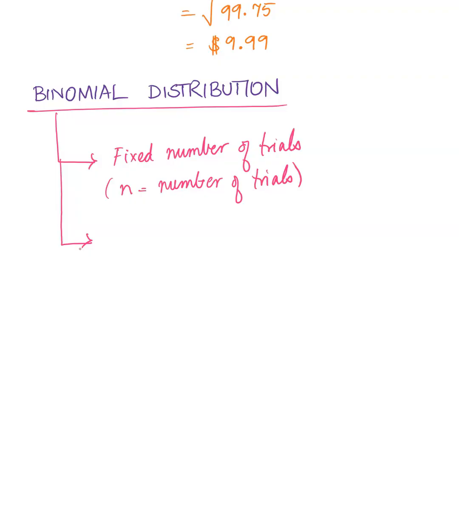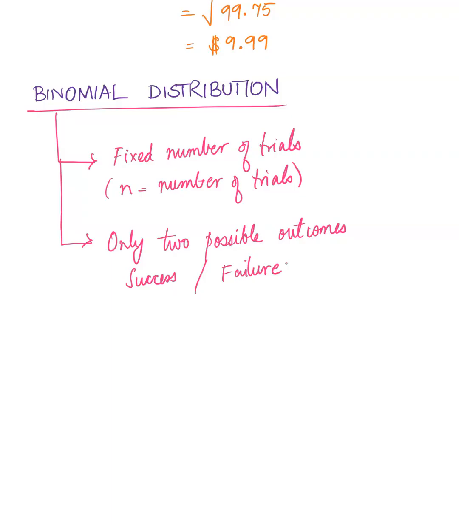And then there are only 2 possible outcomes. Just for generality, we call them success or failure. Now remember, it does not mean that the experiment should be something successful. In my experiment, I could say all those who are wearing eyeglasses would be my success because my focus is what calls it the success.